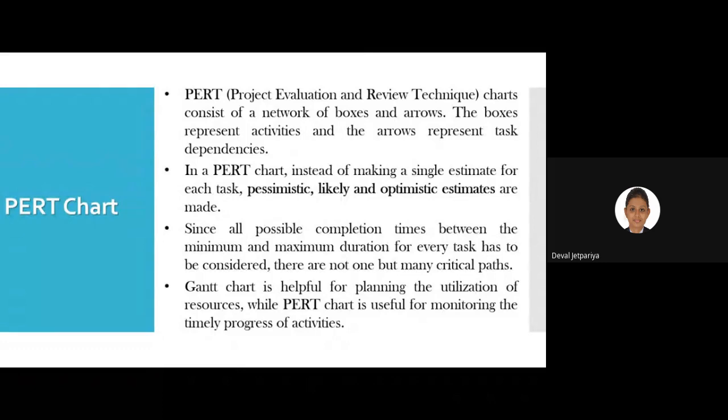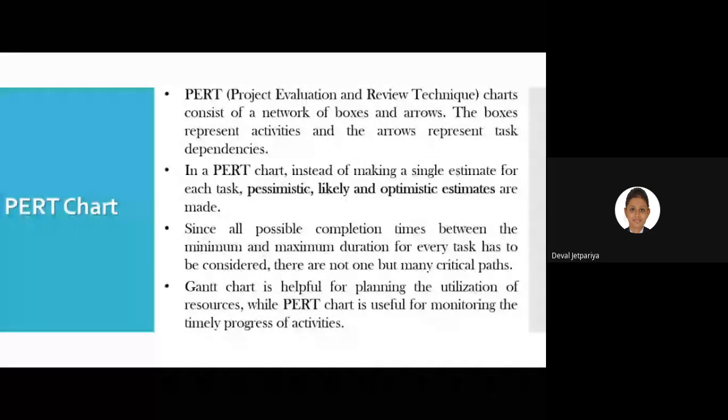So that particular assumption we can consider as pessimistic. Likely means your average expectation. Say for example, I am expecting that 60% of students must have marks more than 20. That is a kind of average expectation from the faculty, so that is your likely expectation in your project.